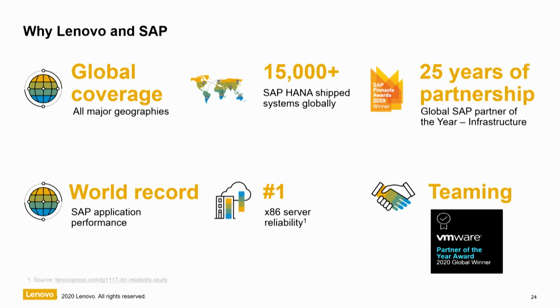Engineering effort jointly sitting together in Germany, in other parts of Europe and in the US, doing certification. So there is ongoing certification and benchmarking activity between Lenovo and SAP, and also Lenovo and VMware. And this is where the teaming comes in, and we are able to put together a resilient solution architecture that you are seeing here.